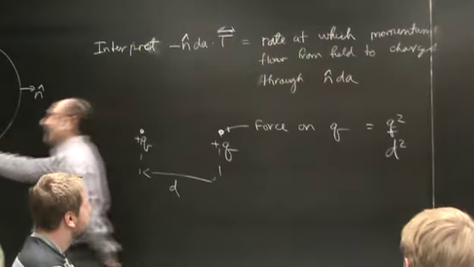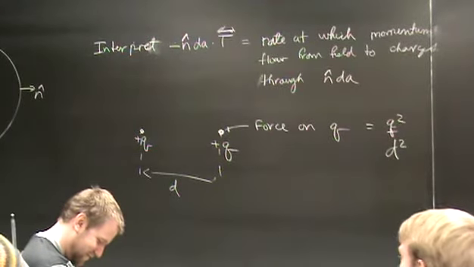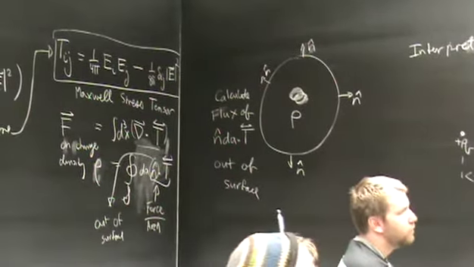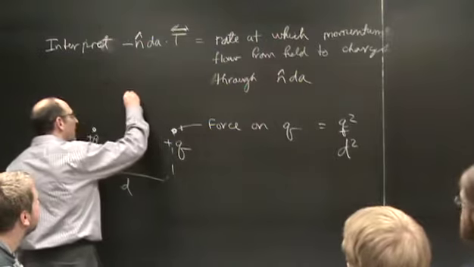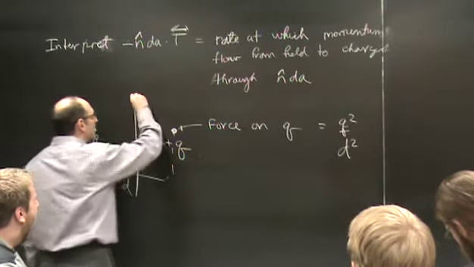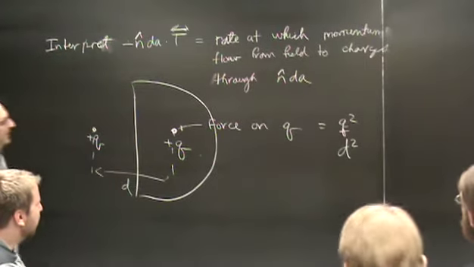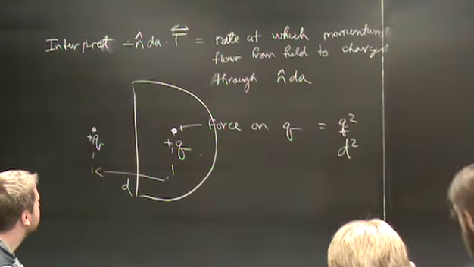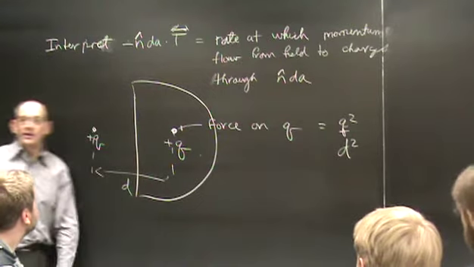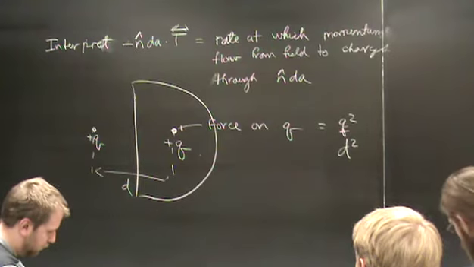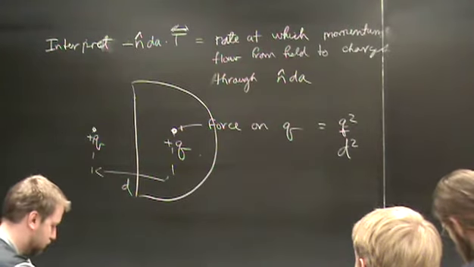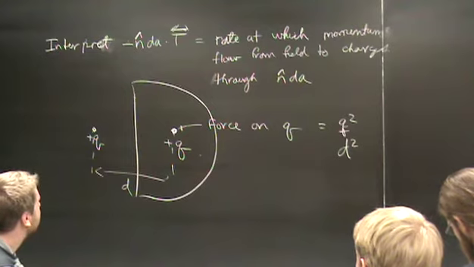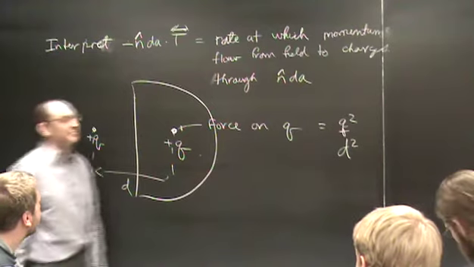Let's calculate it in the hardest way absolutely possible. We want to show that the force acting on this charge is equal to this. I'm going to draw a volume, and that volume is going to be a hemisphere, with its equator halfway at the midpoint between these two charges. And I'm going to calculate the flux of the stress tensor out of this volume and show that it equals this.